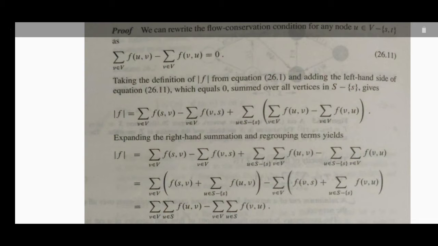So that together, I can write it as f of uv, summation of V belonging to capital V, U belonging to V. The same way we can write it on the other side. It becomes summation V belonging to capital V and U belonging to V, f of Vu.